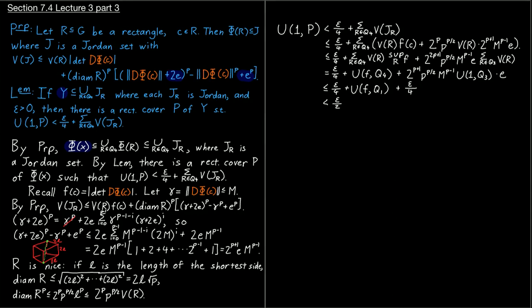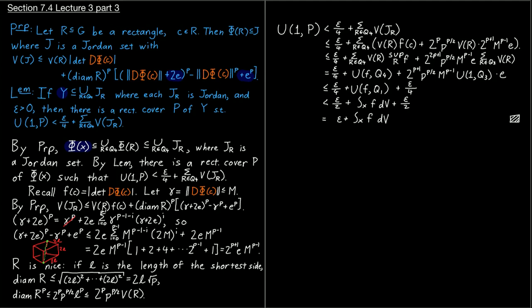And how did we choose Q1? We chose it such that the upper sum of F over Q1 was less than the integral over X of f dv plus epsilon over 2. So that's epsilon plus the integral over X of f dv. And if you go back to the statement of theorem part 1, that's all we were trying to prove.